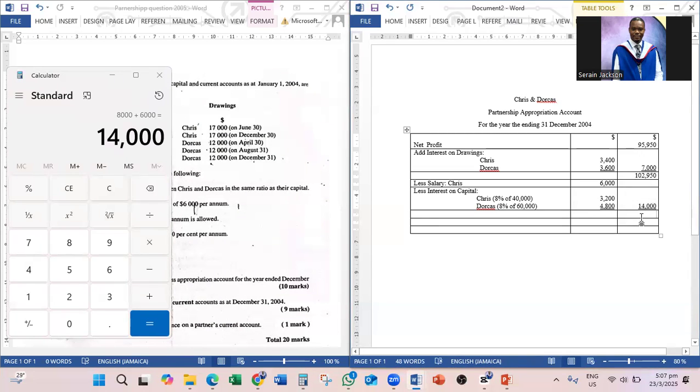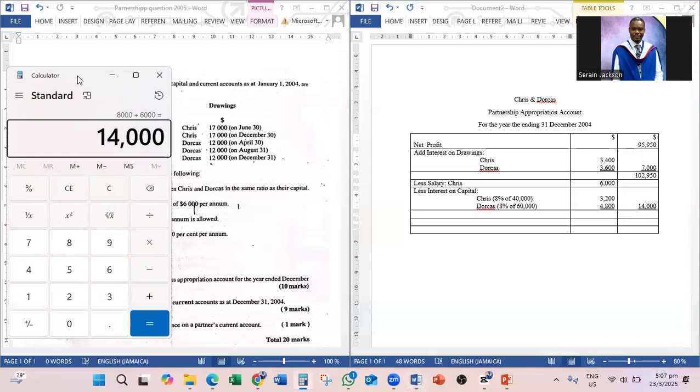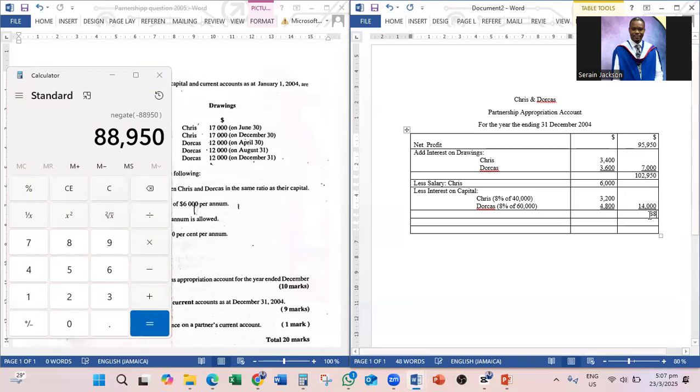Right, so we find the difference between those two figures, and then we get what? $88,950. And this is what we call the balance of profits.